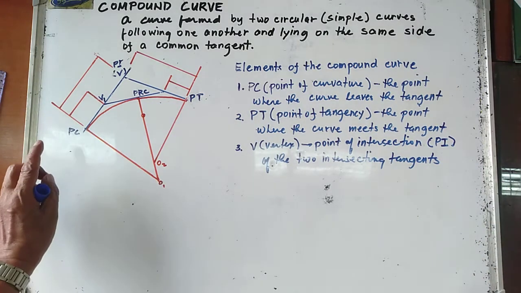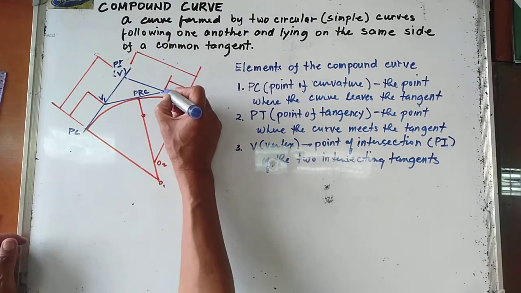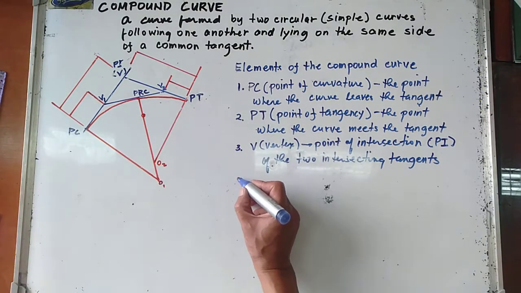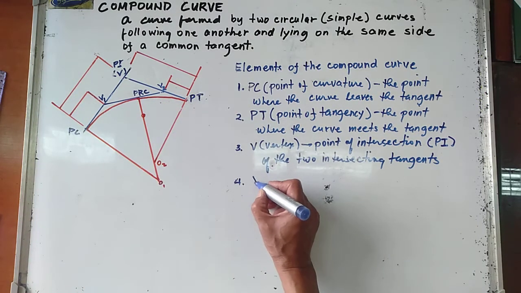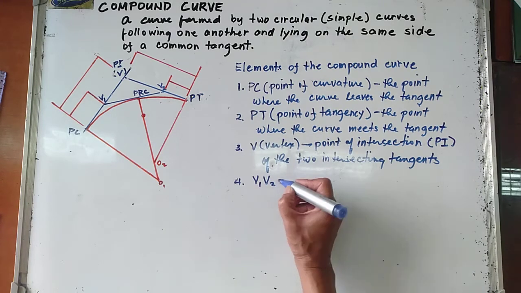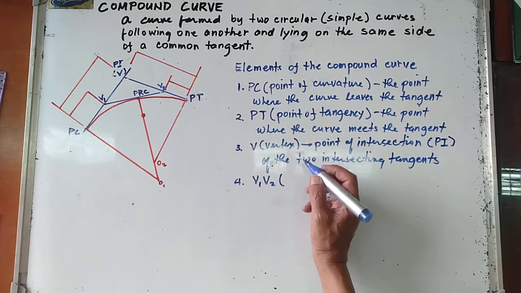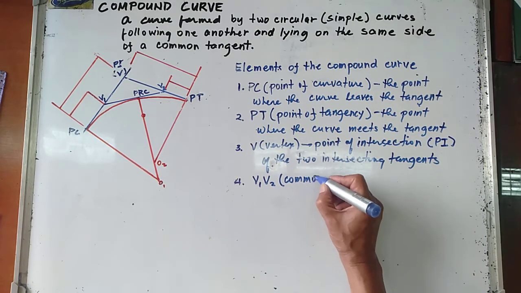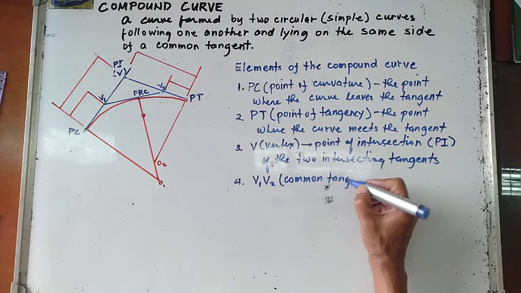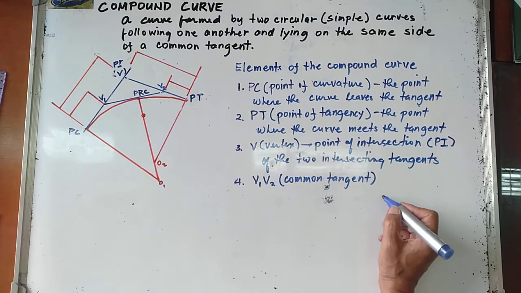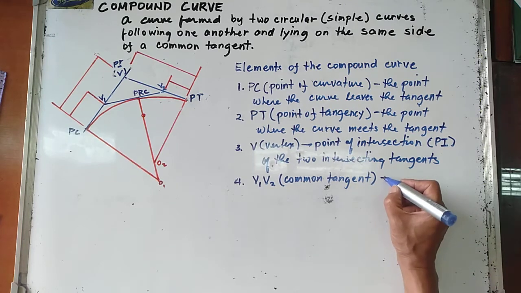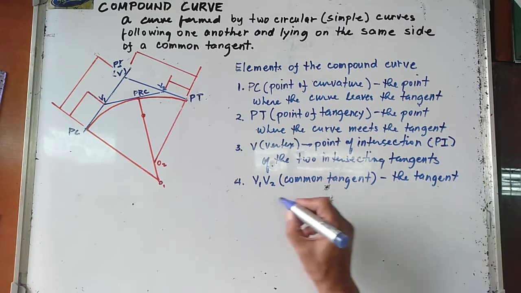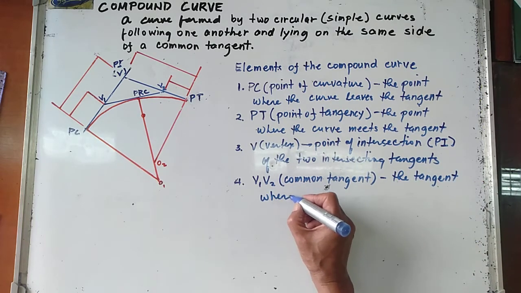Now, we have your V1. Let us consider that this is your V sub 2. The distance V1 V2 is known as the common tangent. What is this common tangent?